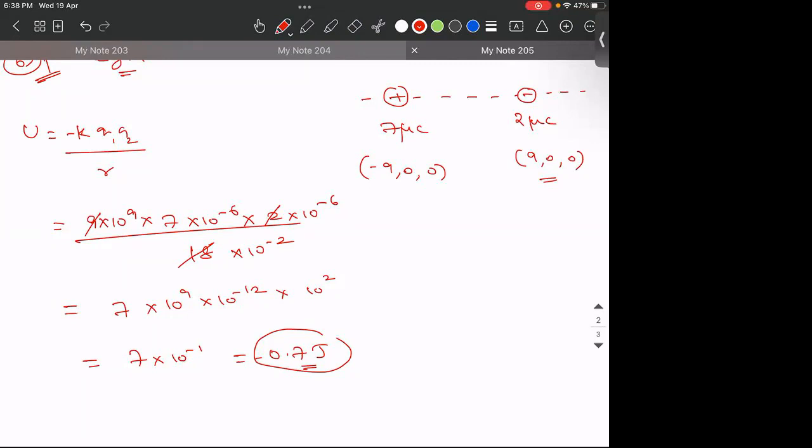Whenever you are dealing with scalar, you need to take the sign of the charge into consideration. It is minus 0.7. What is the next part of the question?